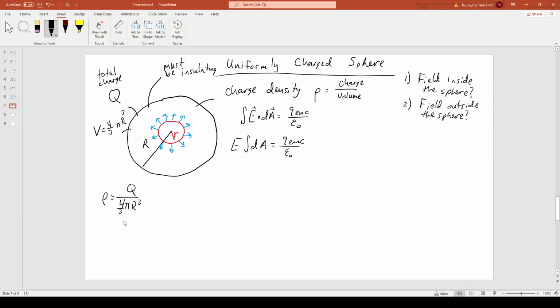But my Gaussian sphere is going to contain a fraction of that, but with the same charge density.